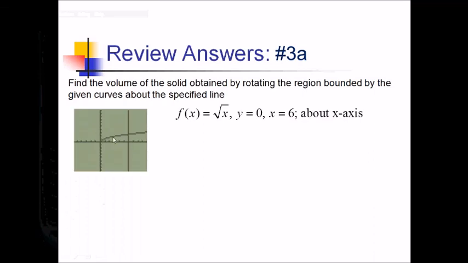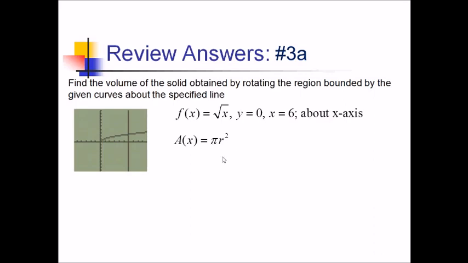So we're trying to take this region in here and revolve this around the x-axis. Now, it's crucial to note here that since one of the boundaries of my bounded region is the axis of revolution, the thing we're revolving around, that means that I can just use pancakes or disks for my cross-section. So my area that I'm going to find and then integrate, I'm going to say A of x equals pi r squared to start with.